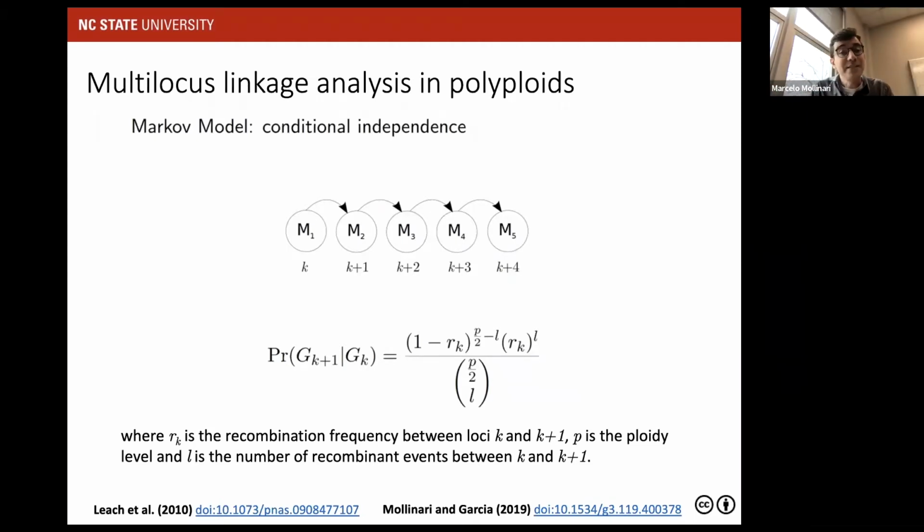And it's a very simple concept, but it's very powerful because it deals with something we call conditional independence, which means that if I know something that happens in the previous time, it's enough for my model, because what happens in the previous time is also conditioned on what happens the time before. So this makes a chain.